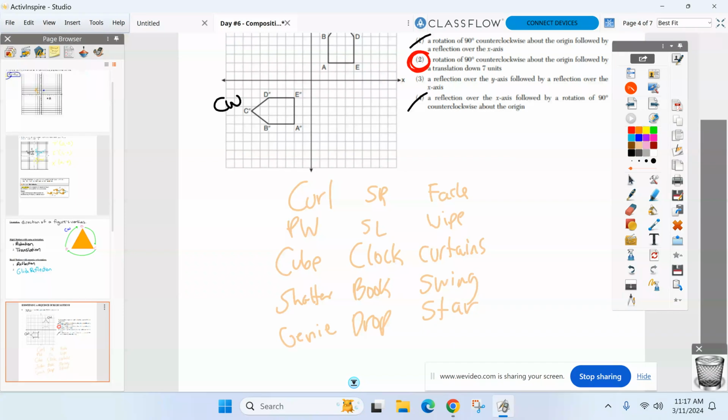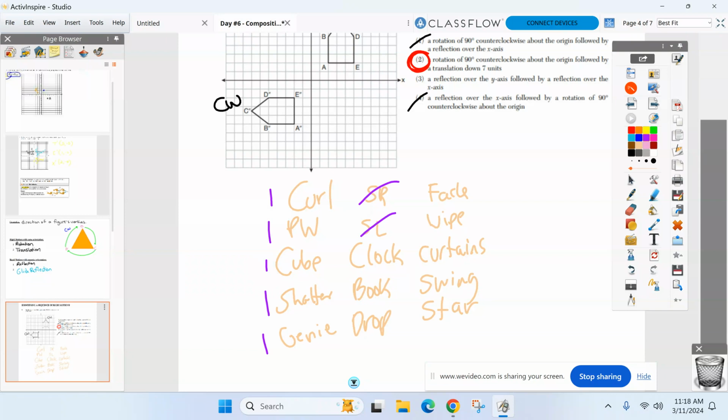Curl. Pinwheel. Cube. If you're trying all the one apiece, I'm not going to give you all of them. Shatter. Why not? We haven't even talked about it yet. Shatter. Genie. Slide right. Left.